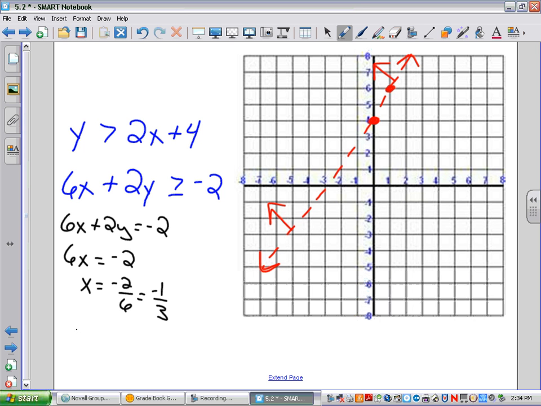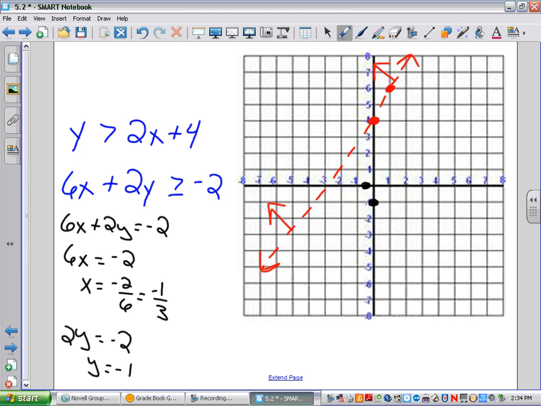My y-intercept would just be 2y is negative 2, or in other words, y is negative 1. So let's go over and graph those two intercepts. X-intercept's negative 1/3, just kind of squeeze it in about right there. Y-intercept negative 1, be right there.